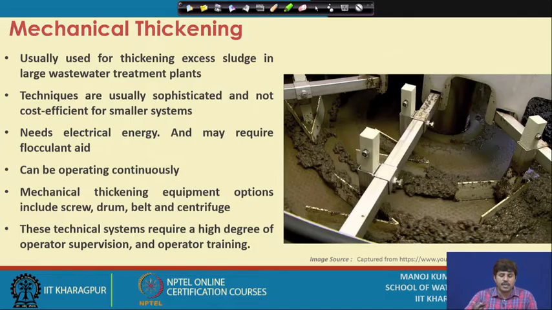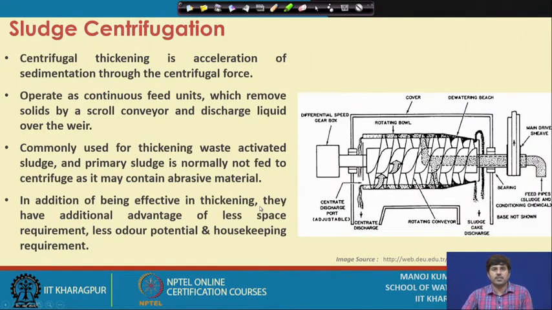This needs electrical energy and may require flocculant addition as well. It can be operated continuously though, so performance wise it is better. The mechanical thickening equipment can include screw, drum, belt and centrifuge. And these technical systems require a high degree of supervision and operator training for the process.